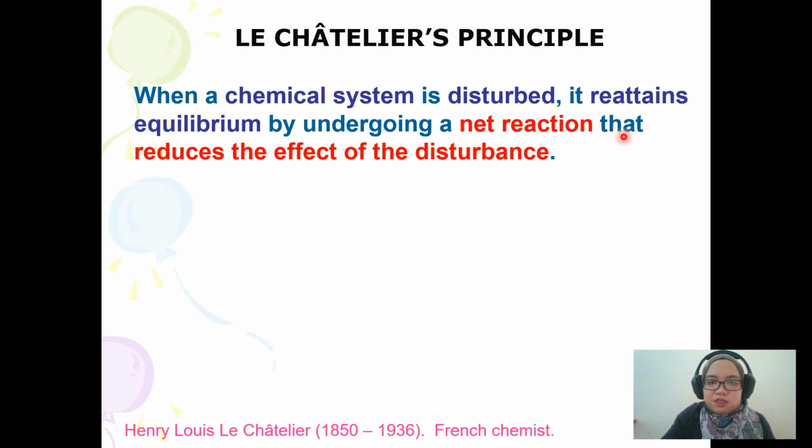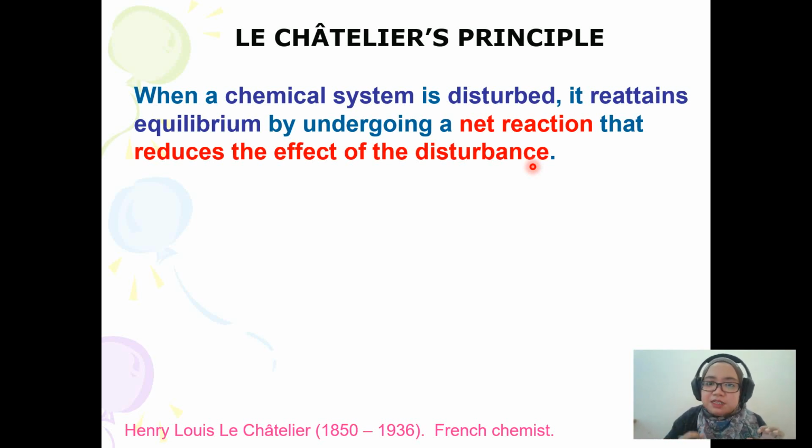Le Chatelier's principle states that when a chemical system is disturbed, it reattains equilibrium by undergoing a net reaction that reduces the effect of the disturbance. Okay, maksudnya, in a chemical reaction system which is already at equilibrium state, but something is added or removed or increased or decreased in the system, which means that the system has been disturbed.